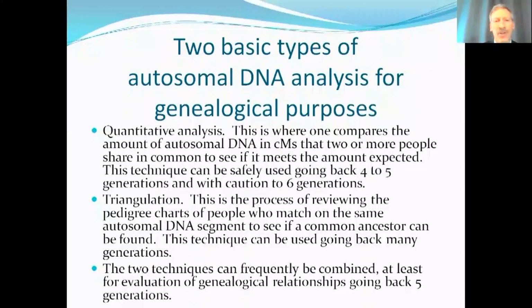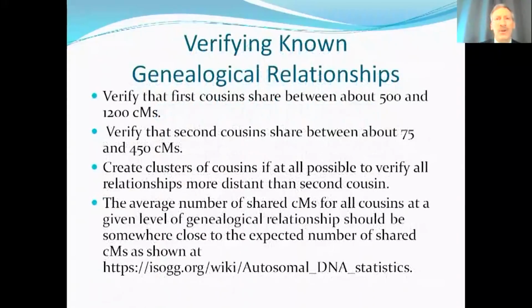I use both of these techniques together, and in particular, when I'm trying to confirm genealogical relationships 5 to 6 generations back or further. When you're trying to verify the known genealogical relationships, you first want to look at your first and second cousins to see if they share the appropriate amount of DNA with you.